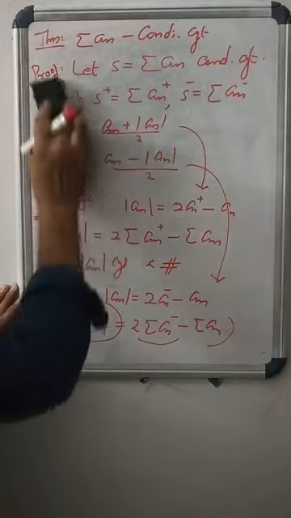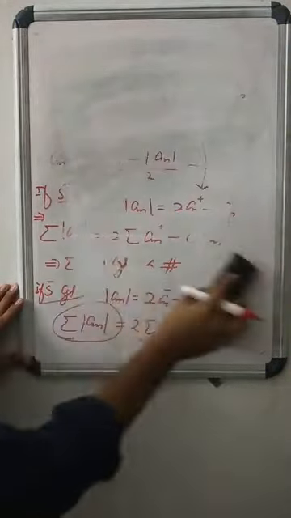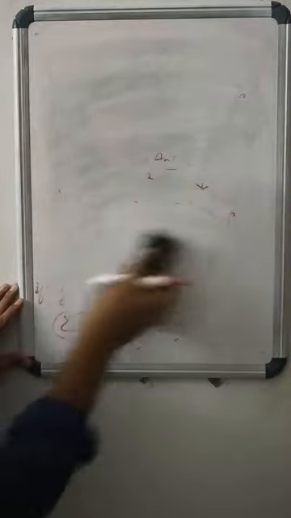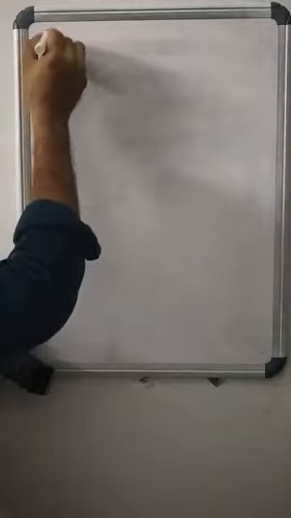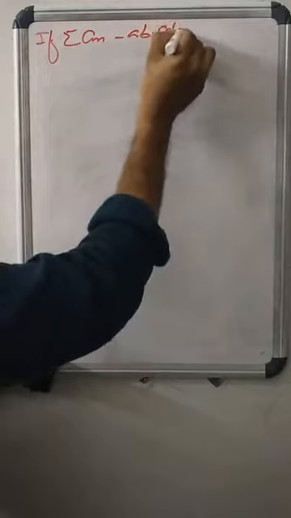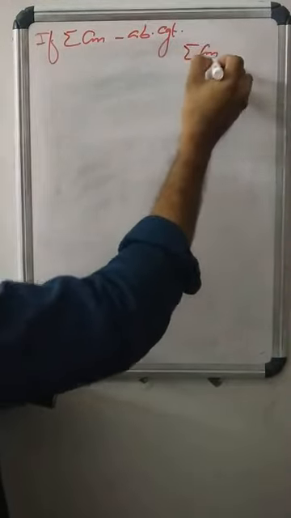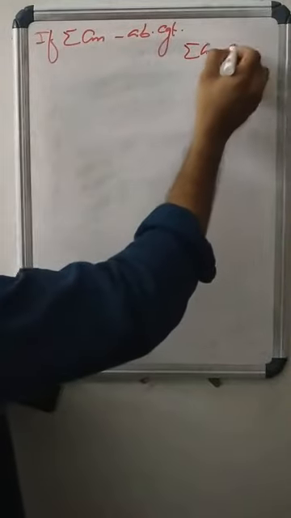Then come to the next result, an important one. Here, if sigma an is absolutely convergent, then every rearrangement of sigma an is also absolutely convergent.